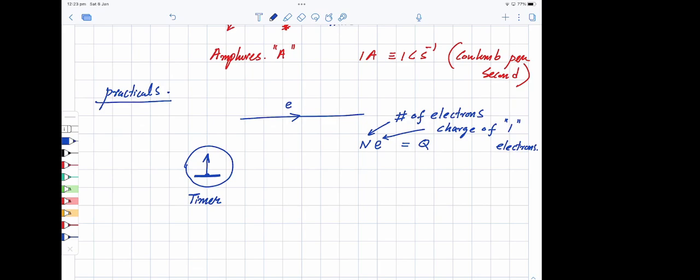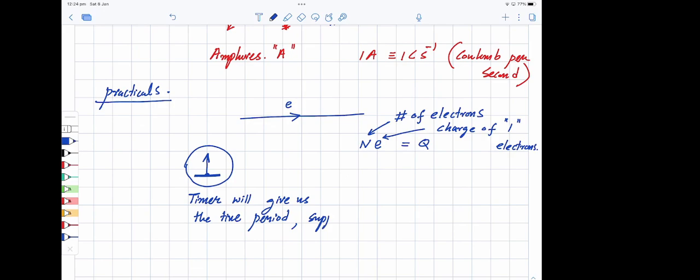Now you find the number of electrons passing through in a time period. The timer will give us the time period.